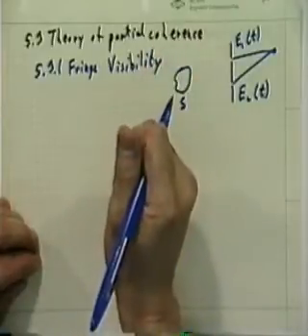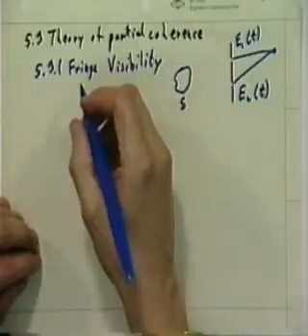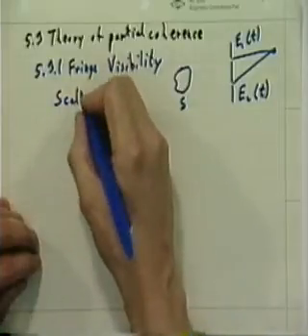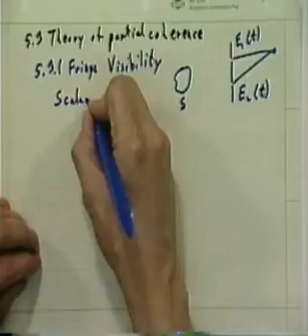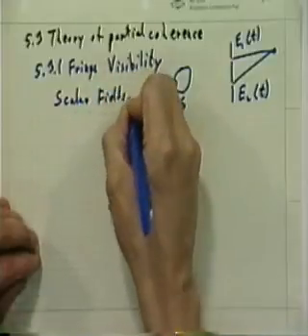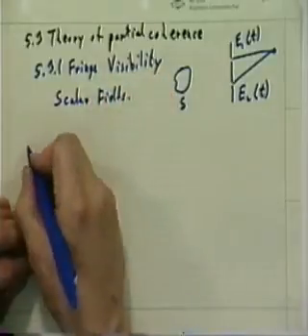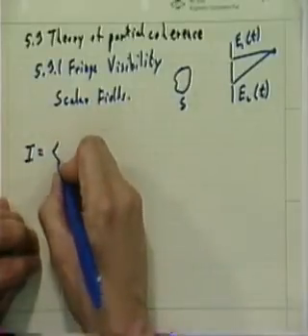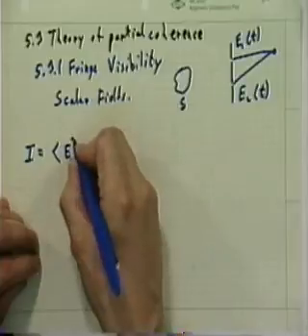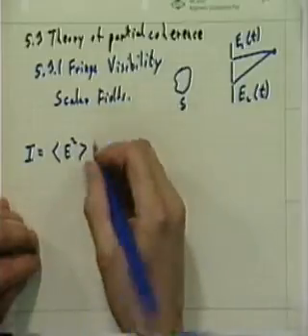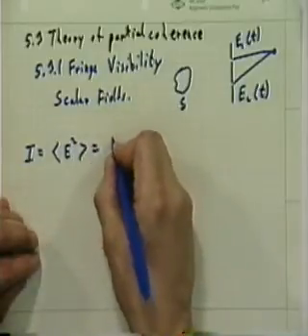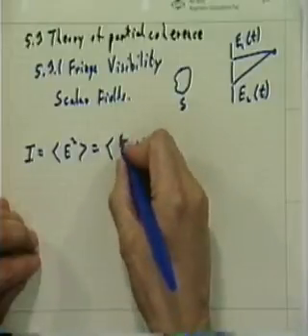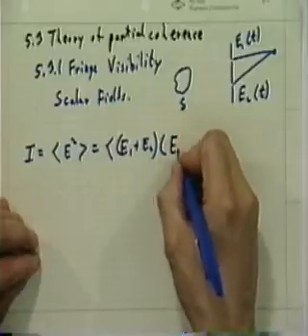I don't want to have to worry about the polarization, so I'm going to look at scalar fields. And I'm going to write down here that the irradiance is some time average of the electric field squared. And so I could write that as E1 plus E2 times the complex conjugate of E1 plus E2.